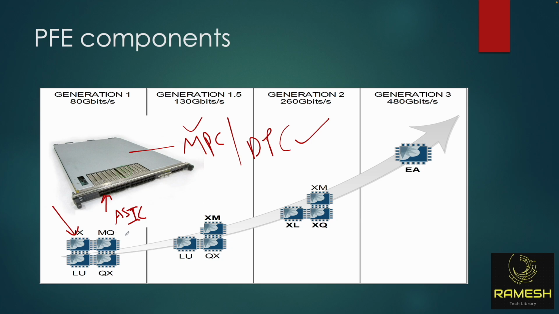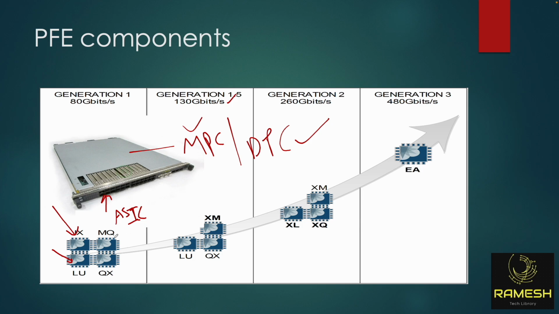Whatever the routing information, everything will be stored in this memory chip. And this is a lookup chip. As I said, it will do the routing lookup. Routing lookup means it will check the destination IP address in each and every packet, right? This is QX, this is another lookup. So these are the first generation of line cards. They increase the throughput in each and every generation.